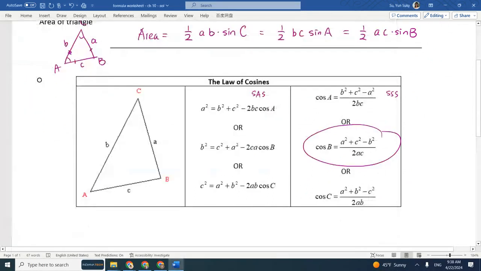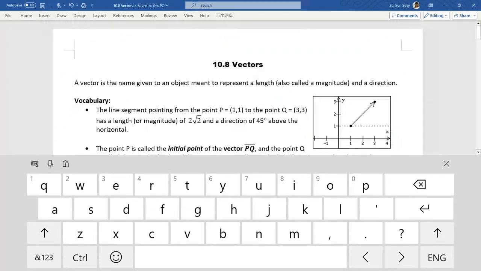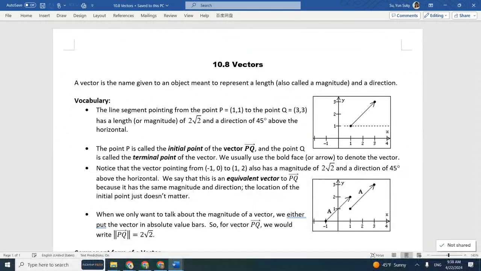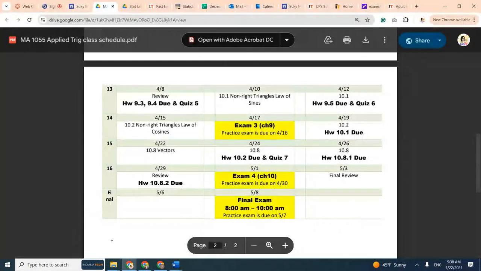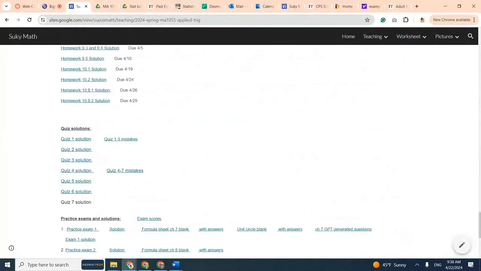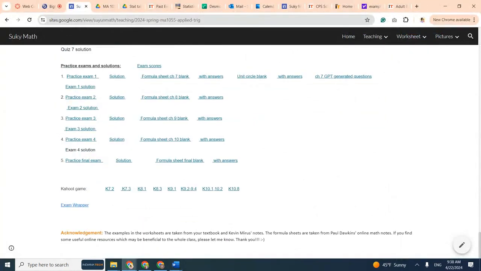Okay. Let me see. On our course website, here you see the practice exam 4 and the solution and all the formula sheets, because not all of you have 10.8 worksheets.